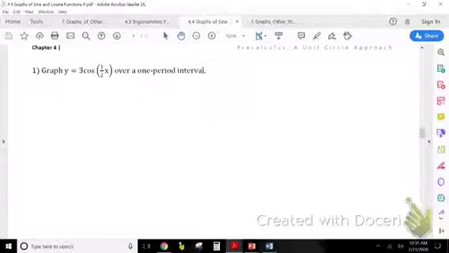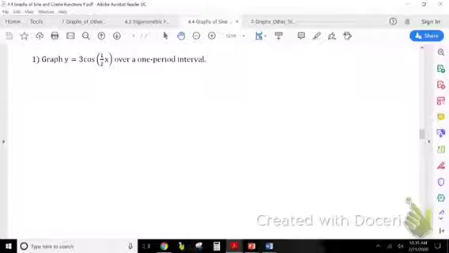All right, so we're going to graph y equals 3 cosine of 1/2 x over a 1 period interval. So we need to remember, what's the parent function? Cosine of x. So I'm going to jot down my parent table first, because I need it to help me.